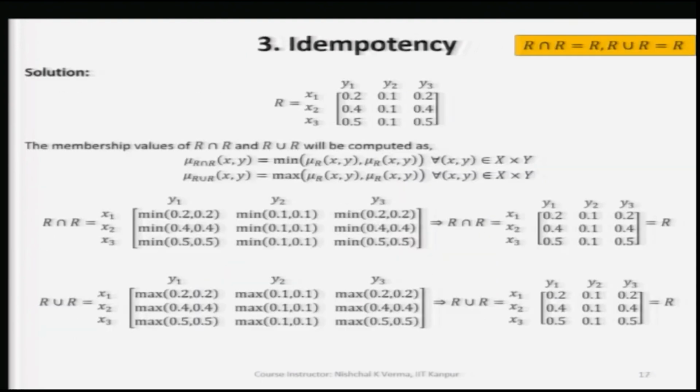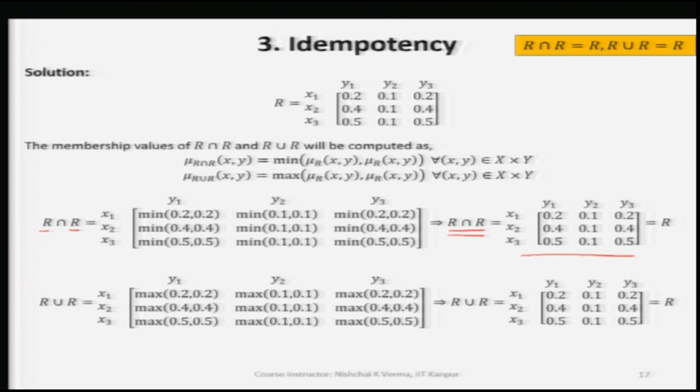Let us first have the intersection. We have the intersection of R and R. When we take intersection, we all know that we take the minimum of the respective membership values, which are nothing but the elements of the resulting relation matrix. So, R intersection R is coming out to be this.